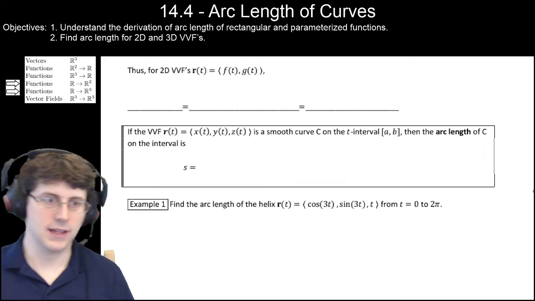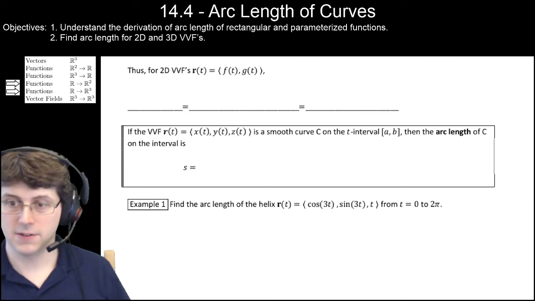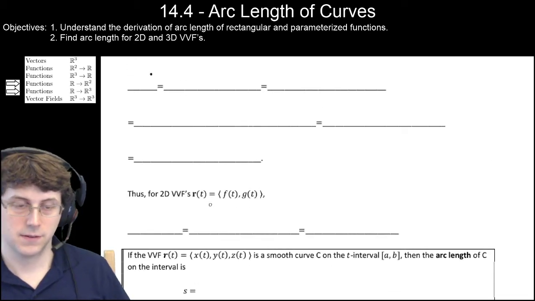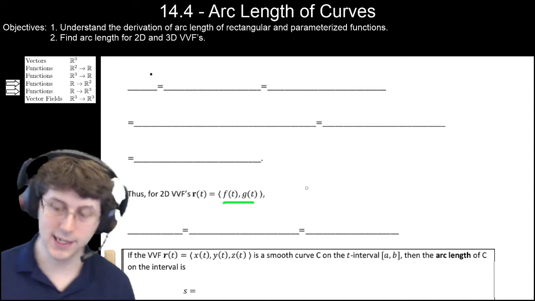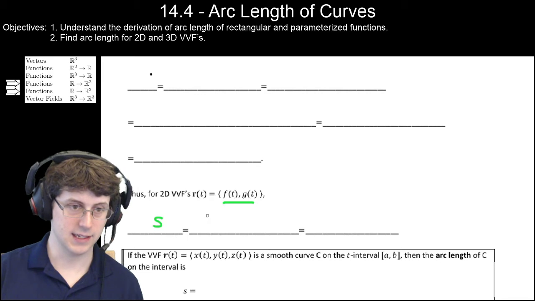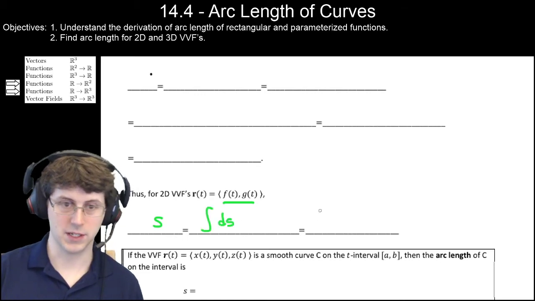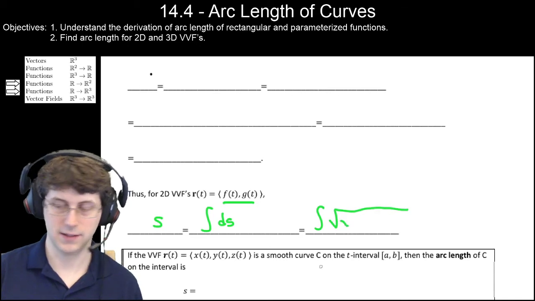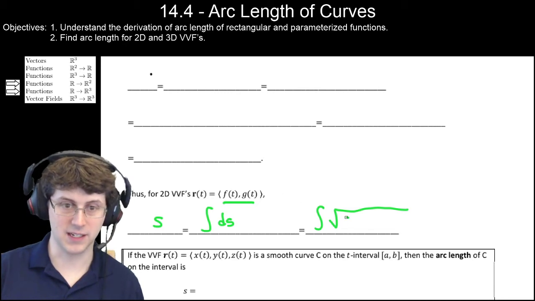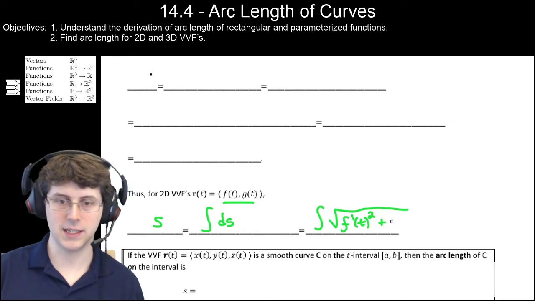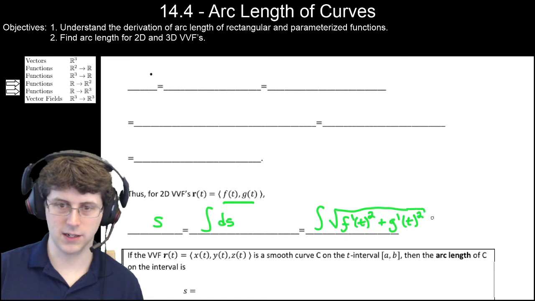And then if you have everything in terms of parametric equations, a formula for x and a formula for y, then you'll get that s is the integral of ds, which is just another form of ds, the square root of x prime of t squared plus y prime of t squared. Here x is given by f of t, and here y is given by g of t. And then you get to do your integral with respect to time.